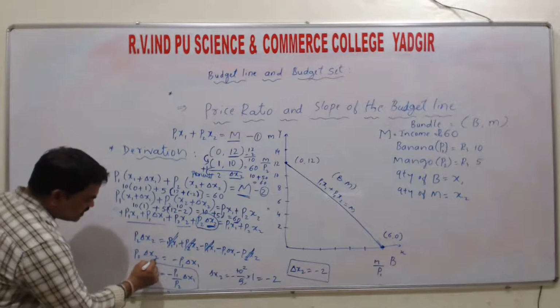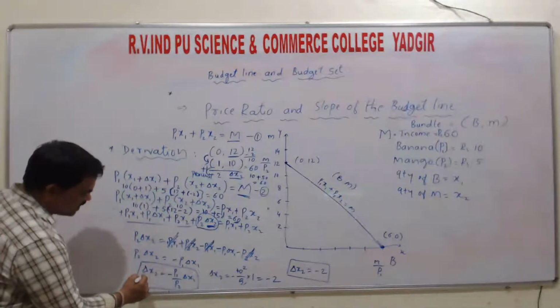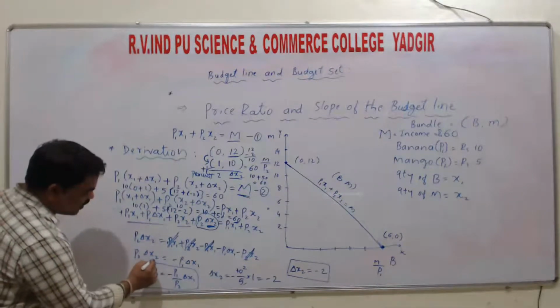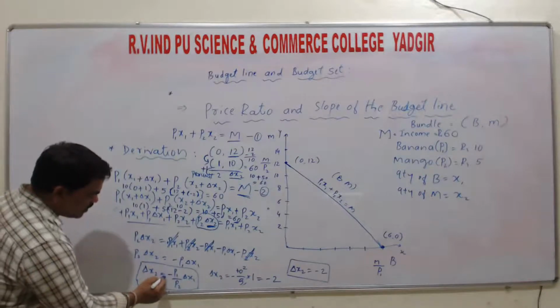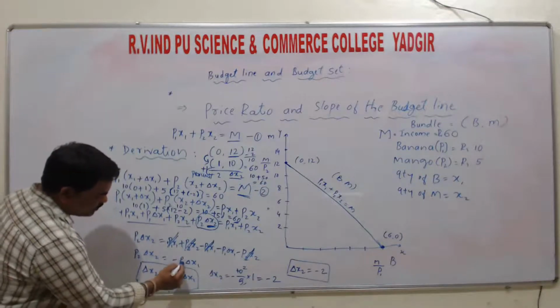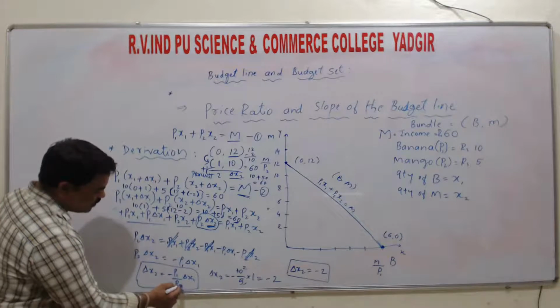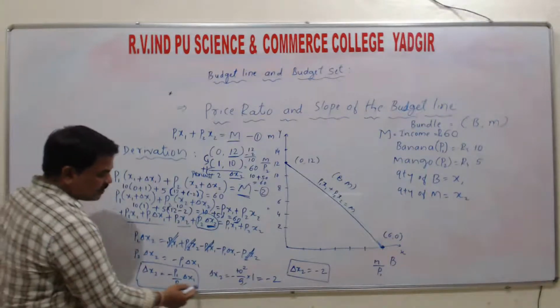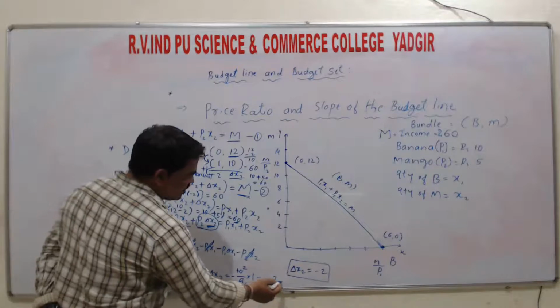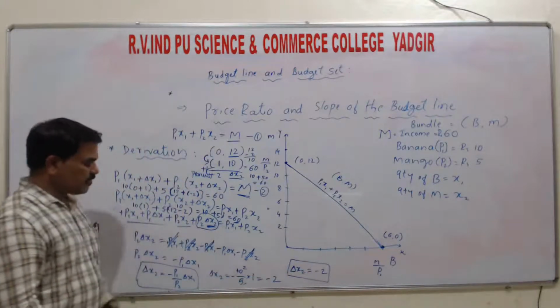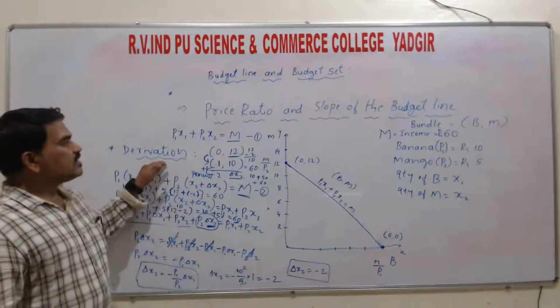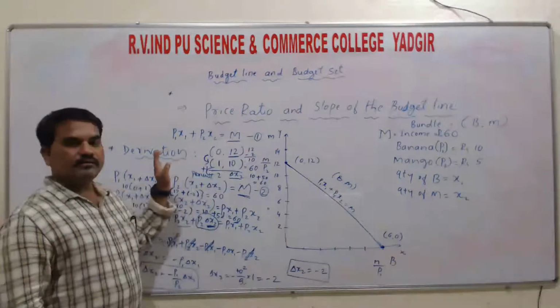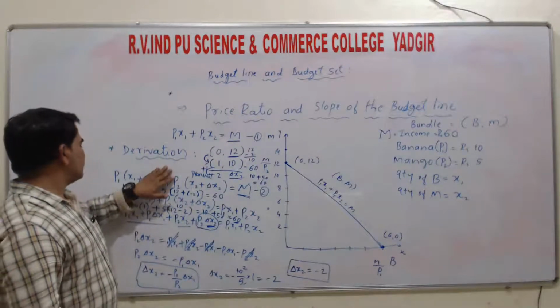I want only the change in the quantity of mango, so I'll keep that. What I wanted equals the price ratio P1 divided by P2 times the change in the quantity of banana. If we take an example and put it here, we will get the answer. This is what we call the derivation of the slope of the budget line.